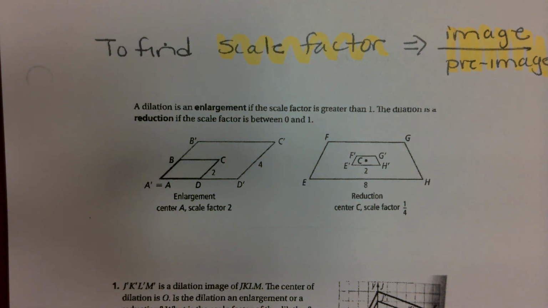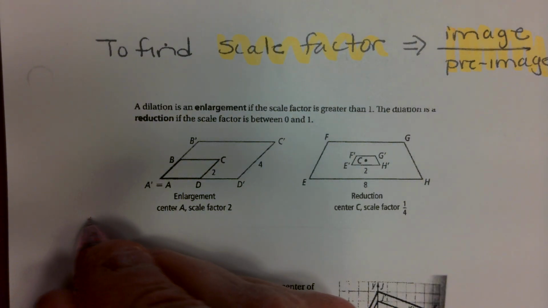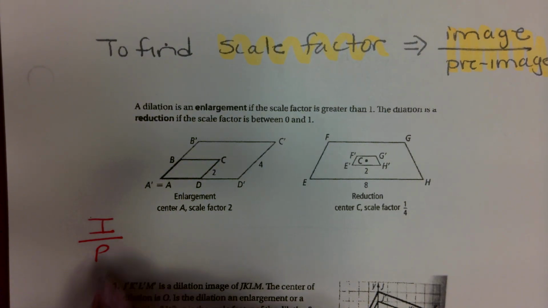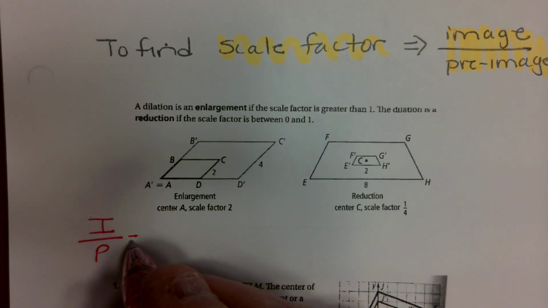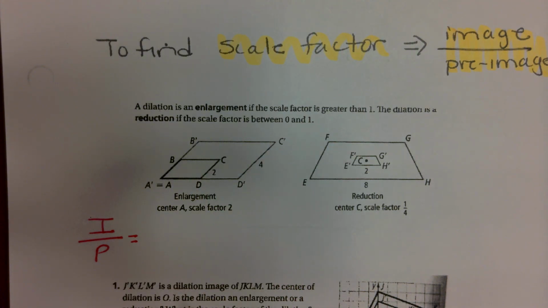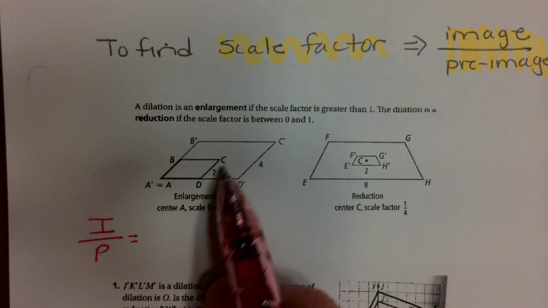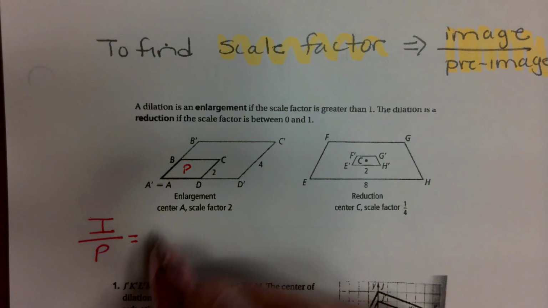So in this case, when we look at this, if we remember our image over preimage, and I will always be abbreviating it I over P, I can use the sides. So now I have to first figure out which one is my preimage and which one's my image. And I can tell that by the letters. This is A, B, C, and D, so that's my preimage.